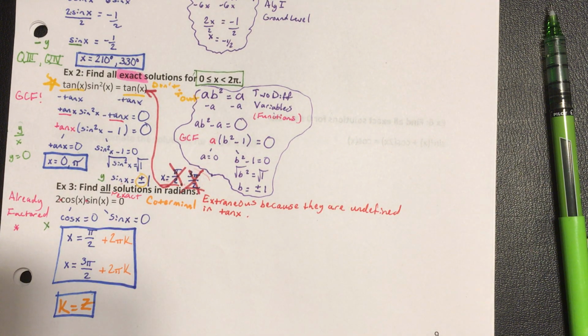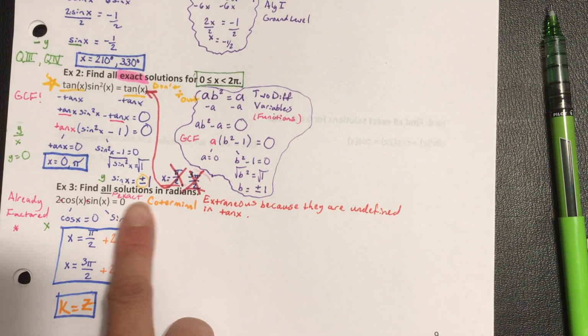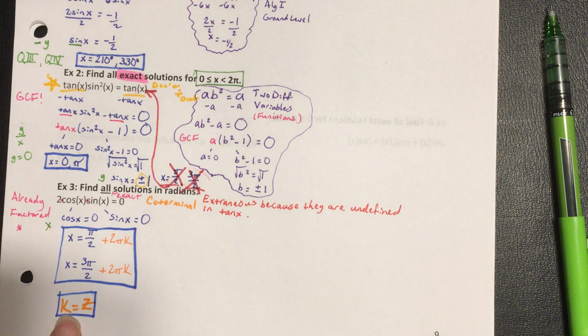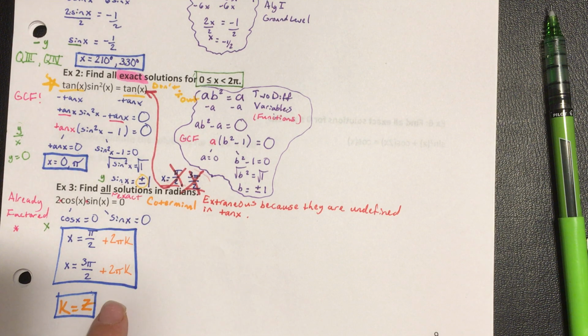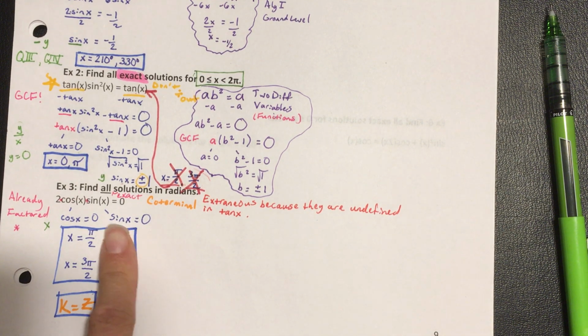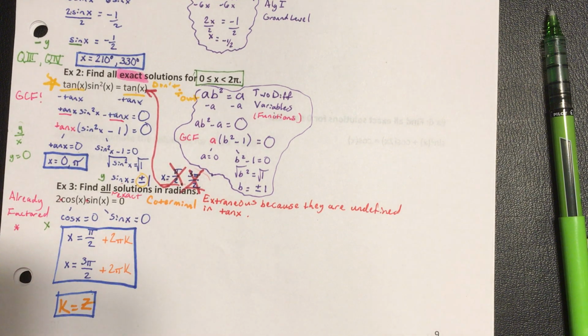So when you aren't given an interval and it says find all the solutions, that means find the coterminal ones as well. So we have to define what k is, and we have to add either 2 pi k or 360k to each of our individual answers. Let's not forget about the second part of the equation that says sine of x equals 0.